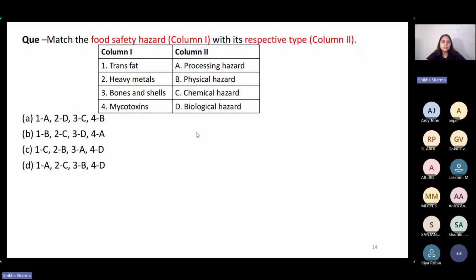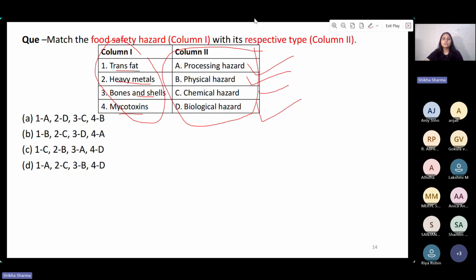Okay, let's discuss this question, which has in column 1 food safety hazards like trans fats, heavy metals, bones and shells, and mycotoxins, and in column 2 we have the respective types: processing hazard, physical hazard, chemical hazard and biological hazard. So would anyone like to answer this question?